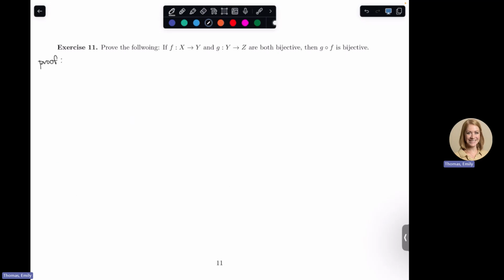Yep. One-to-one and onto, injective and surjective. So we are going to let f from X to Y and g from Y to Z be bijections. We will prove g of f is also a bijection.